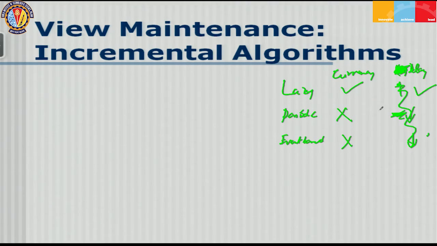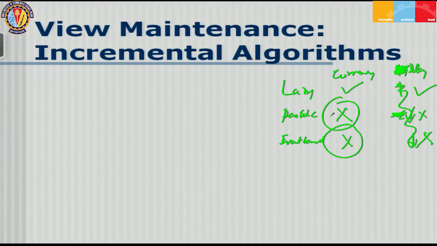Periodic, the probability of delay would be very small, it would happen only when the updates are actually being carried out, so I can say no. And event based also it is low, so there will be no delay in the queries, right? But you may not get the current data in periodic and event based. So these are the three strategies, and you can use any of them based on your requirements. So I've discussed the pros and cons of all this, right?